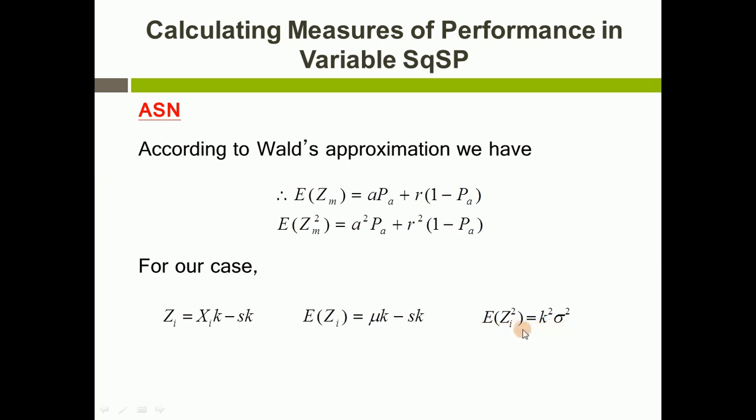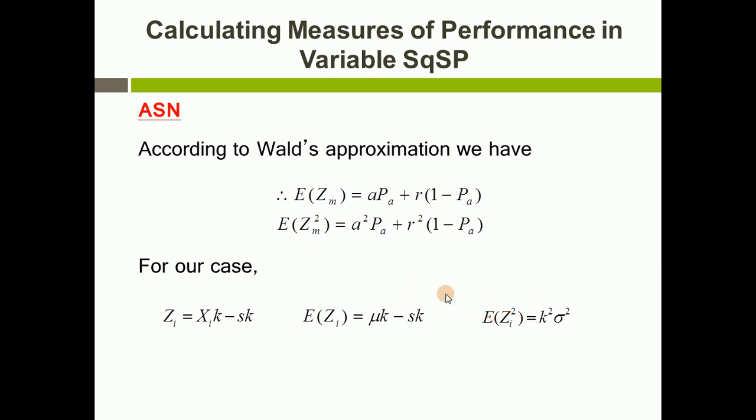But remember here that in order to find this we have to assume that we are working on the condition that the expectation of Zi is equal to 0, which means that mu equals ls. So here each mu was removed and we replaced it by ls, so that it can be reduced to this quantity k square sigma square.